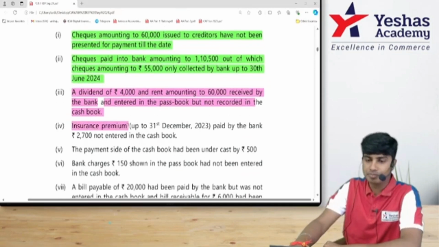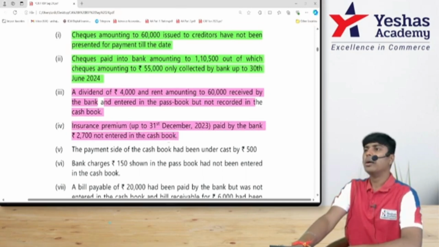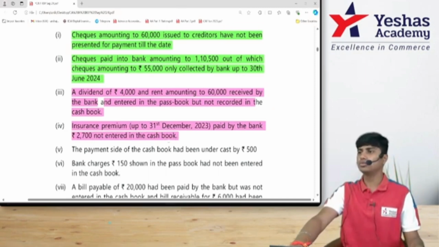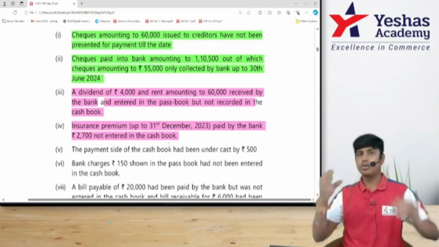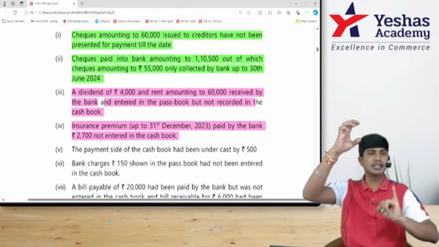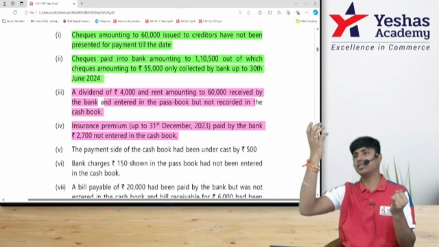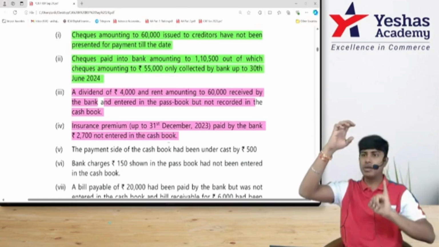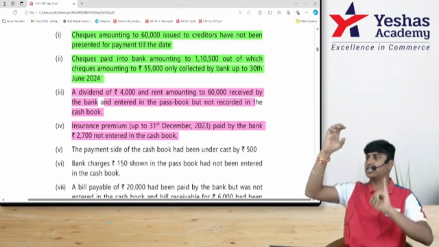Insurance premium up to 31st December 2023 paid by the bank, 2,700, not entered in the cash book. Banker has paid insurance premium, so passbook balance has decreased. We have not written the entry in cash book, so cash book balance has not decreased. Can you see the P?